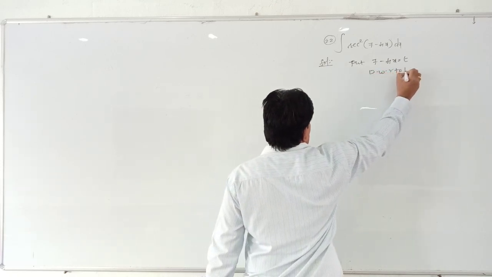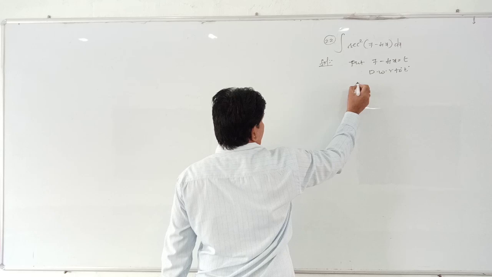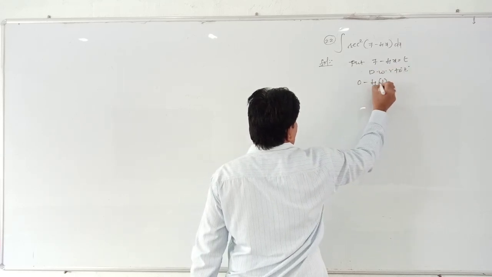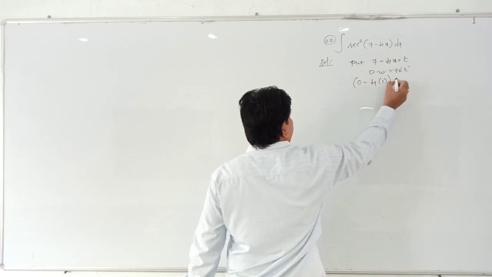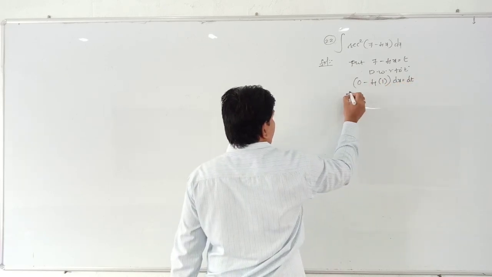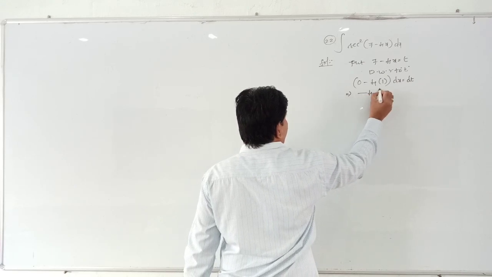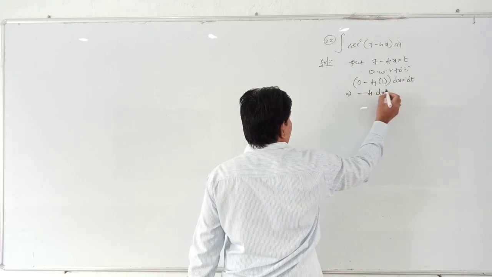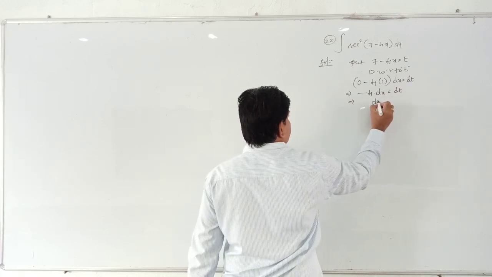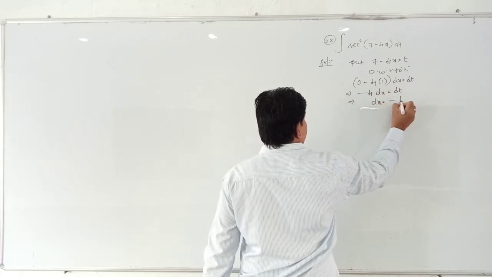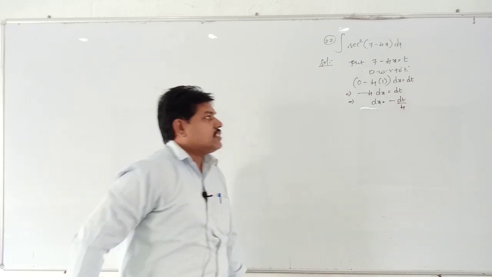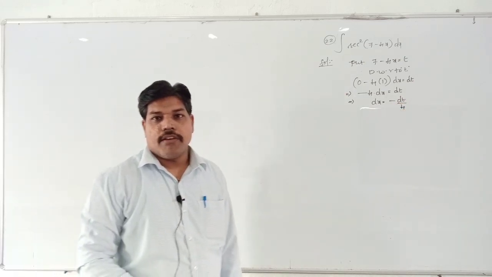Differentiate with respect to t. So 0 minus 4 into the derivative of x, which is 1, into dx is equal to dt. So that implies minus 4 into dx is equal to dt, so dx is equal to minus dt by 4.